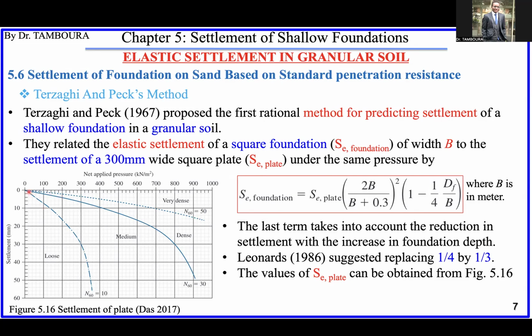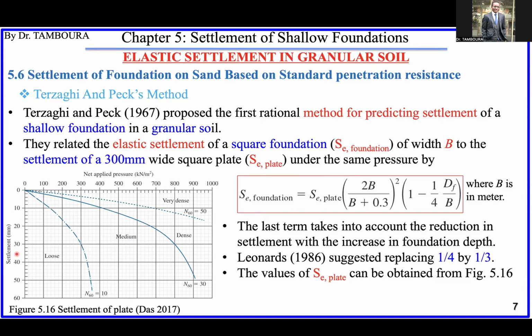If you have 20, you have to imagine a line between 10 and 30. You draw it, and then you can read depending on the net pressure coming on your foundation. For example, if it is 600, you use 600, you project, and you read here the settlement. I hope it's clear.